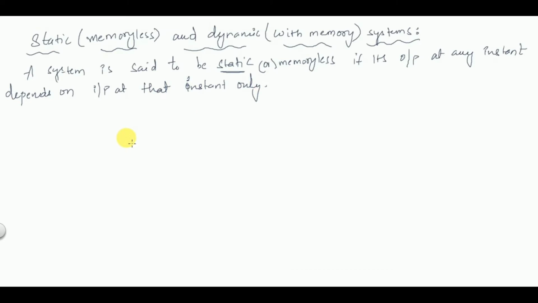Okay, so if your system output depends only on the input at that instant only, then that type of system is said to be static.